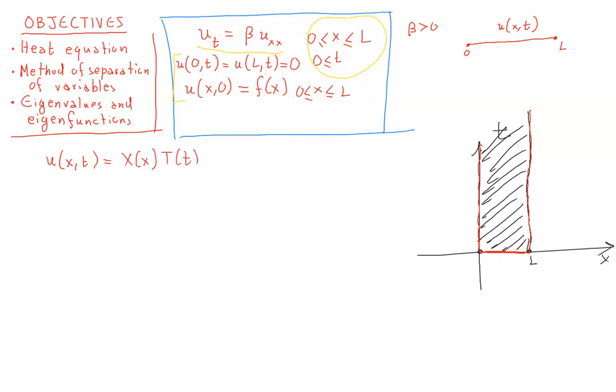Now, these functions that we're going to find, we're going to determine them, are going to form too narrow of a class to actually satisfy any general problem that we have.